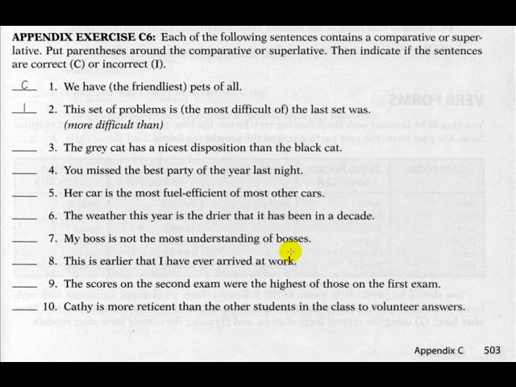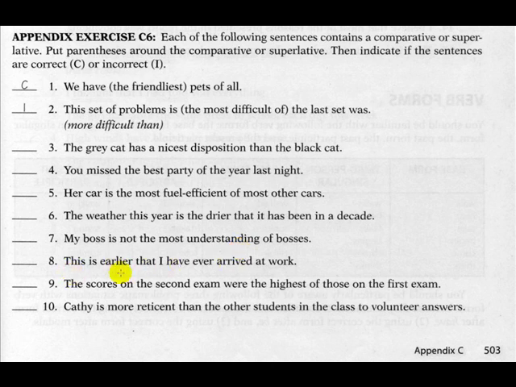So my boss is not the most understanding. The most understanding, most being the word that we use, and we use most instead of EST because this is a multi-syllable word, more than one syllable. Okay, I'm not going to the chart with that one. Maybe I'll go with the next one.